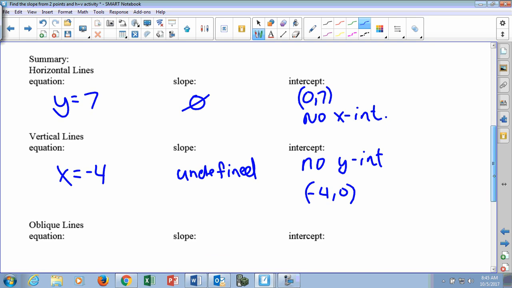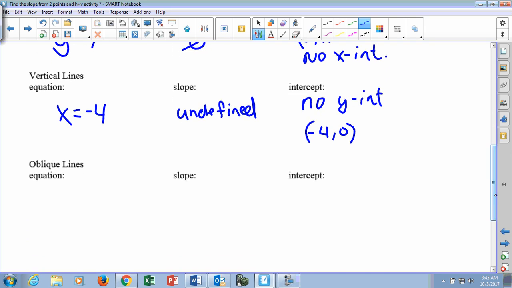Now, the oblique line is the diagonal. Okay? So I'm just going to write a little reminder over the top here. That's the diagonal. So, we know the slope of that line, right? What's the slope? -2.